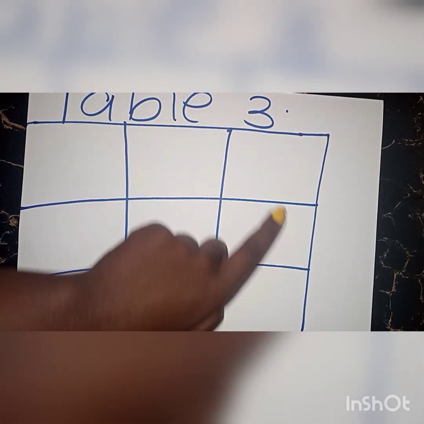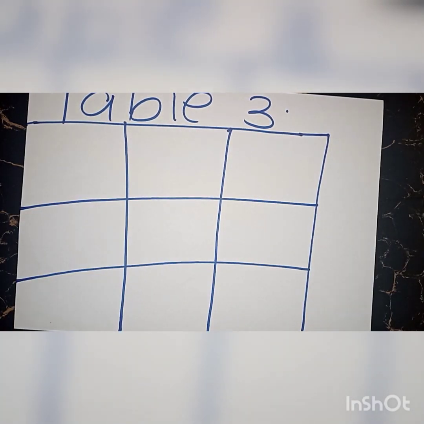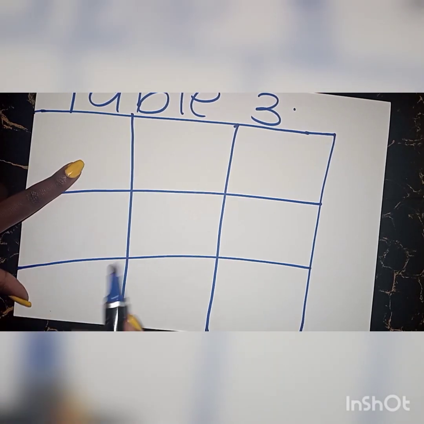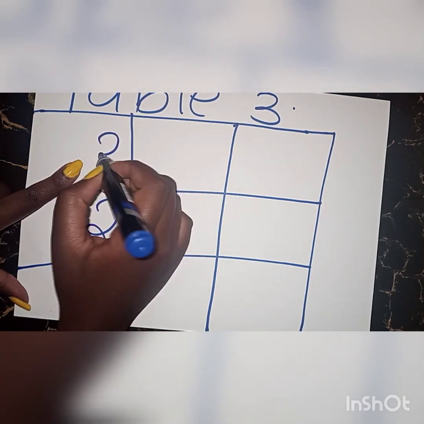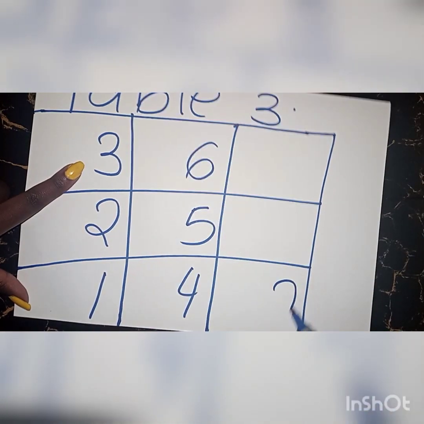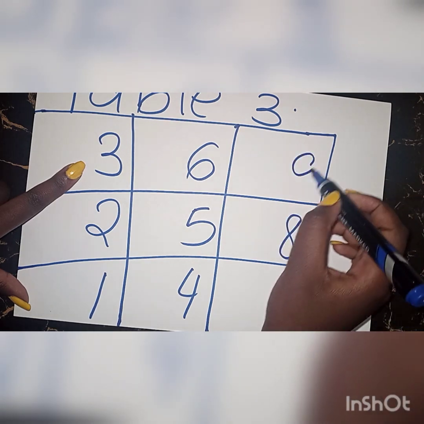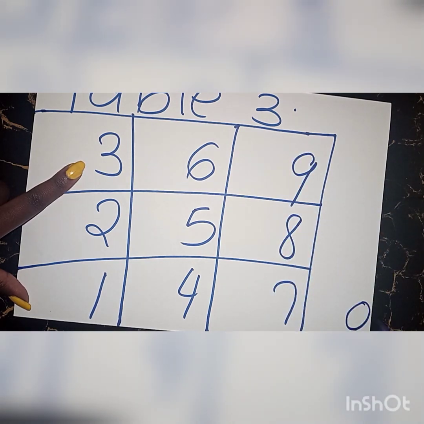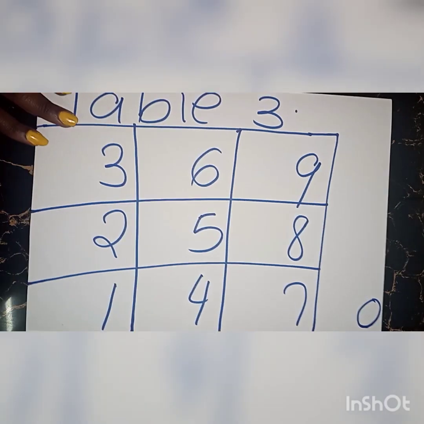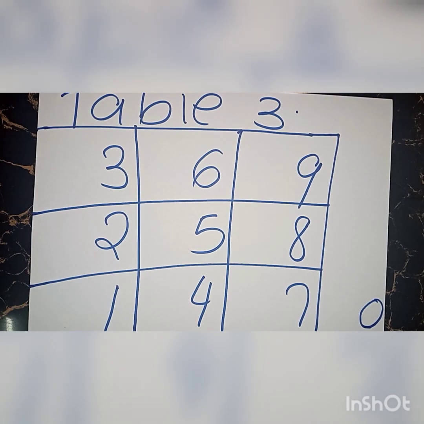Bottom, up. Are we together? So now we have 1, 2, 3, 4, 5, 6, 7, 8, 9, and then we add a 0 over there. So it's basically writing all the digits in the ones place from 1 to 10. And that's it for the digits in the ones place.